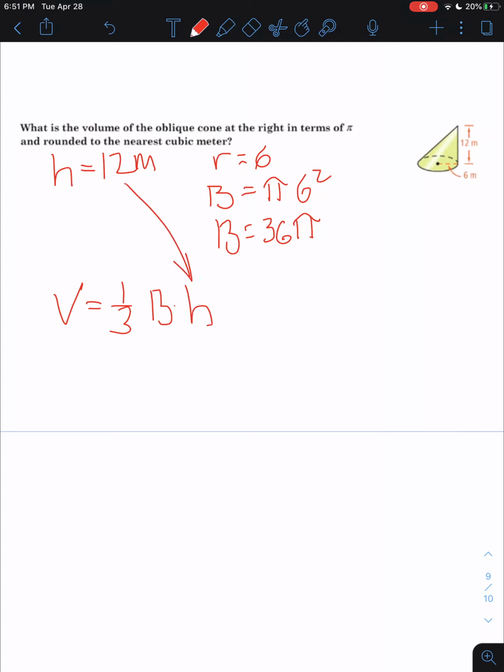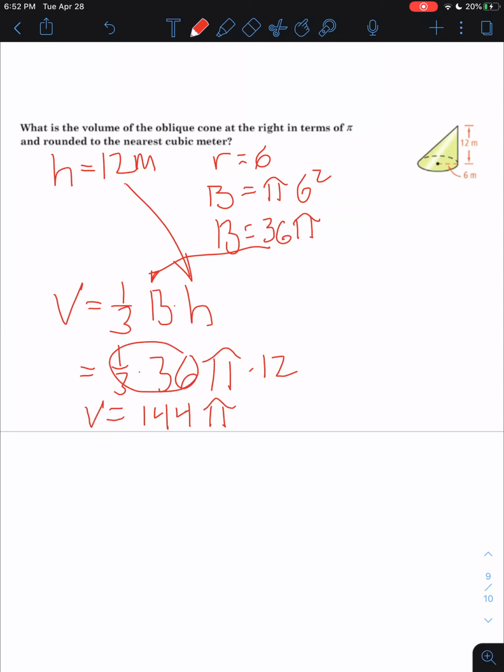So 1/3 times 36 pi times 12. And a third times 36 is 12, and times 12 would be 144 pi. So that gives me 144 pi, and this is going to be in meters cubed. And there is my answer.